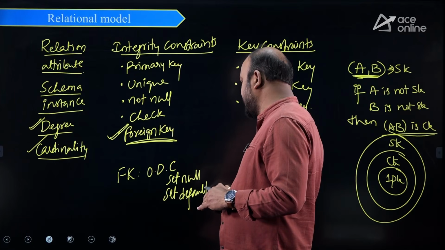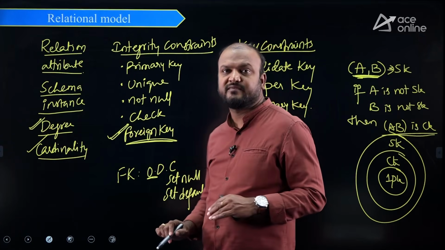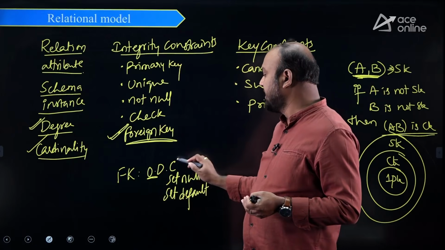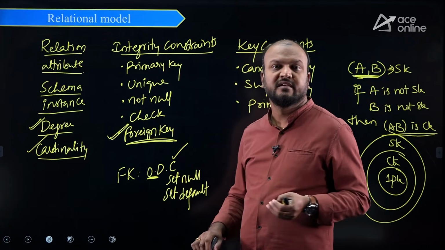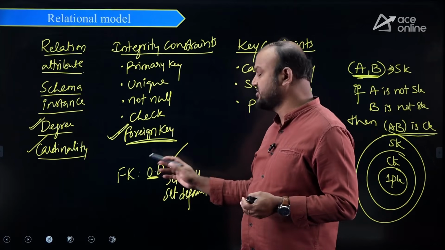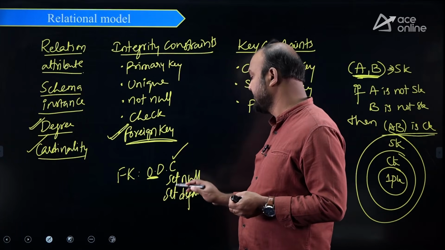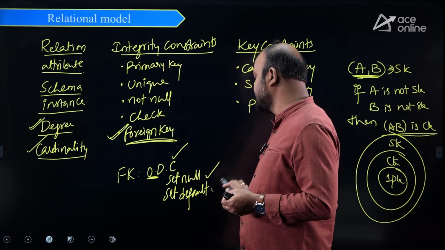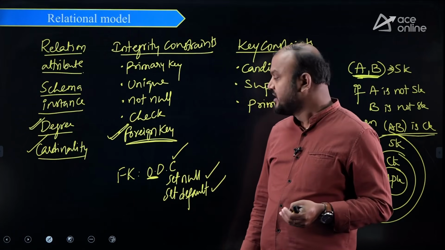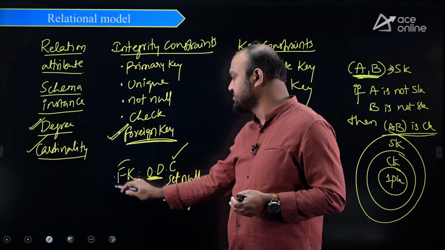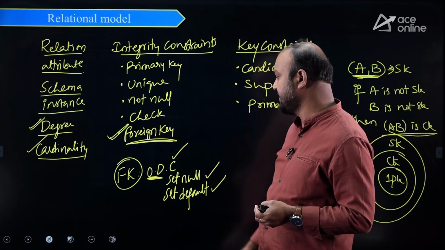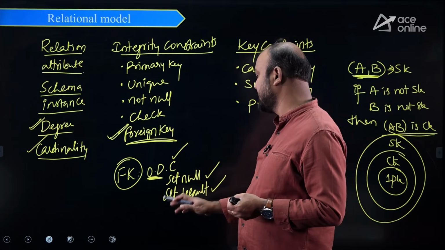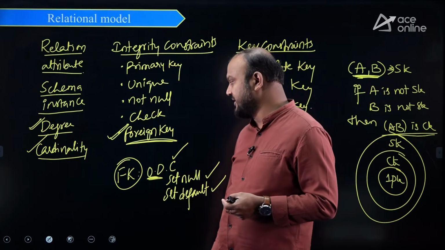It will allow deletion from the parent, and if deletion happened on the parent, what action is to be taken on the child? Cascade means the same action on the parent as well as the child, or set null or set default. Okay, these are the possibilities on the foreign key, right? On delete cascade, on delete set null, on delete set default.